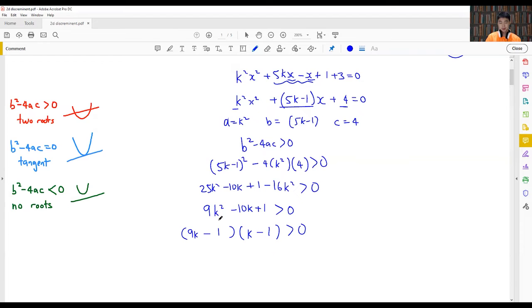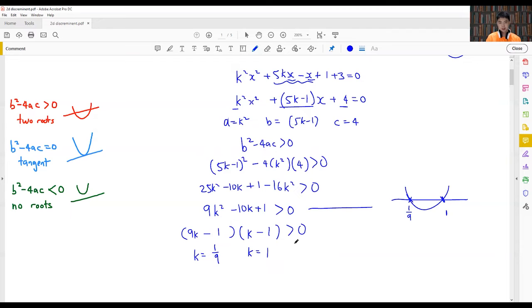So now, in order to determine where the inequality is going to face, we need to first identify that this, if plotted out as a quadratic graph, is going to look something like this, because it's a positive k squared, okay? And these points here are going to be your intercepting values. In this case, k would be 1 over 9, and here k would be 1, okay? So this is where 1 over 9 is, and this is where 1 is supposed to be.